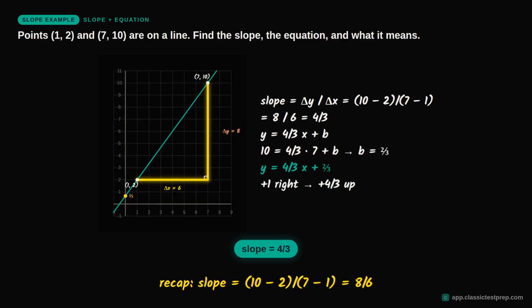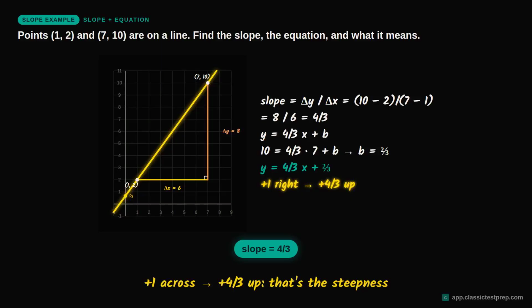That's 7 minus 1 in this example. And that gives you your slope, which is 8 over 6 for this example. Again, what that means is that when you move one x coordinate to the right, you would expect to go up by 4 over 3 y units, which we can see when we draw this line.